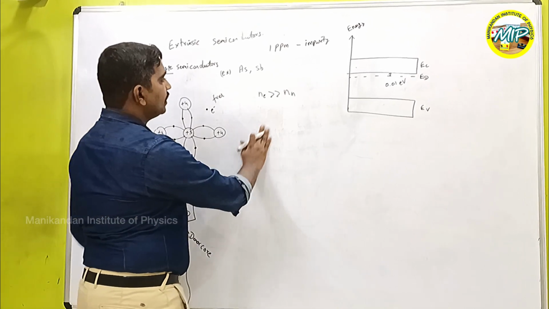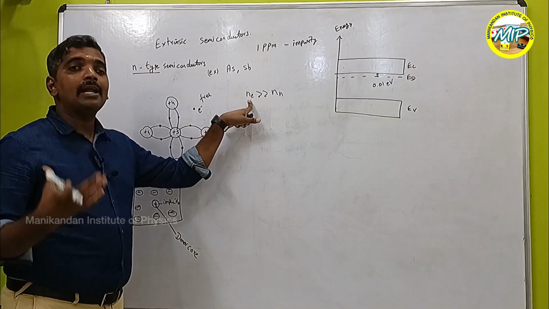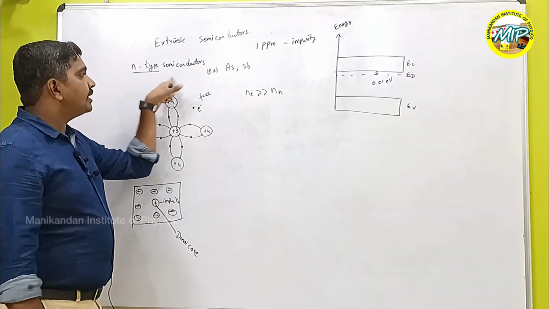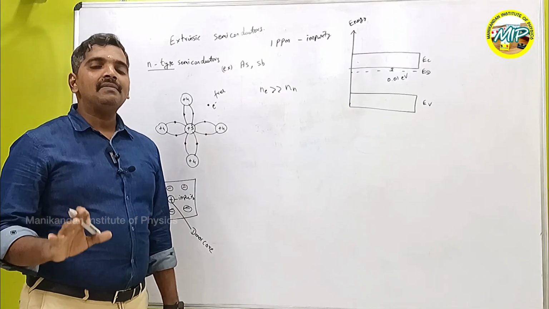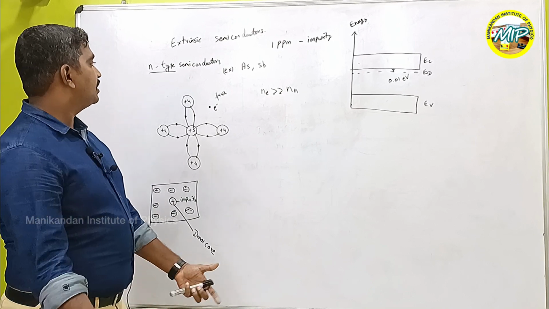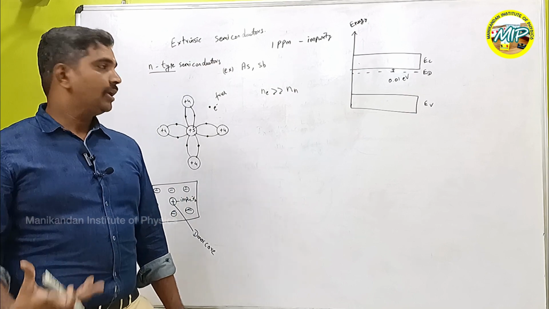Electron is a negatively charged particle. That's why it's called an N-type semiconductor. N-type semiconductor means negatively charged electrons dominate here, right?